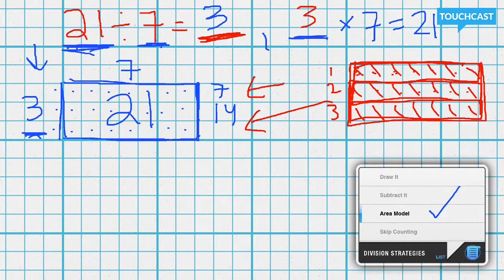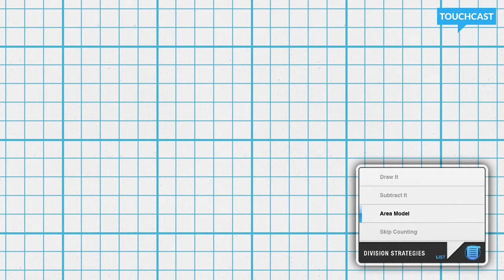And that's correct. And we also know just by looking at the picture that it looks exactly the same. There's 3 rows of 7. Isn't that cool how multiplication and division are basically the same? It's amazing.